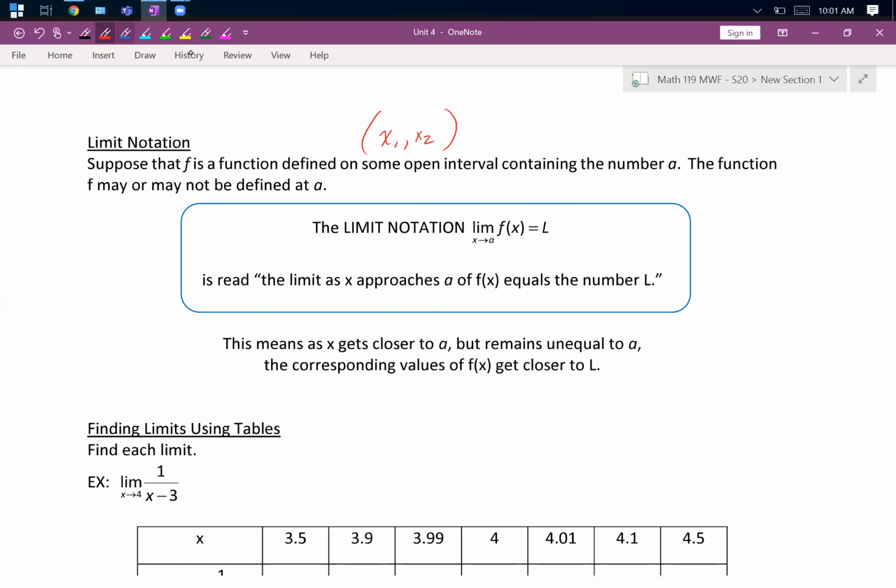So here's our limit notation right here. The way we read this is the limit as x approaches a of f of x is equal to L. All the limit means is that as our x value gets really, really close to whatever this number down here is, our y value gets really, really close to whatever L is.